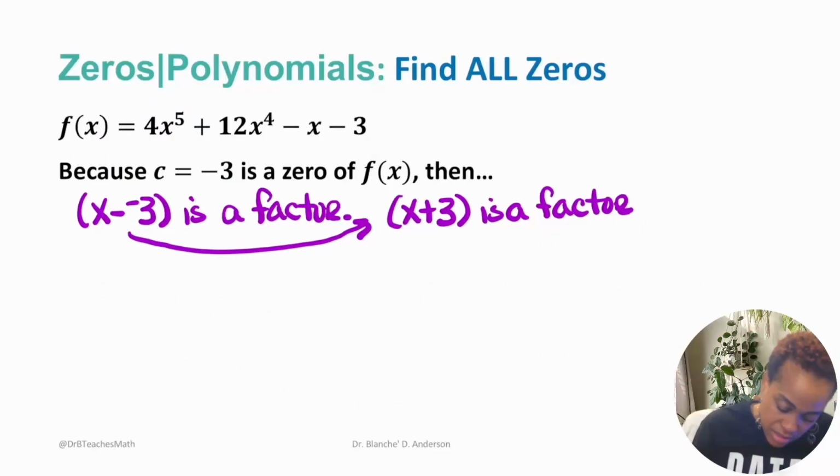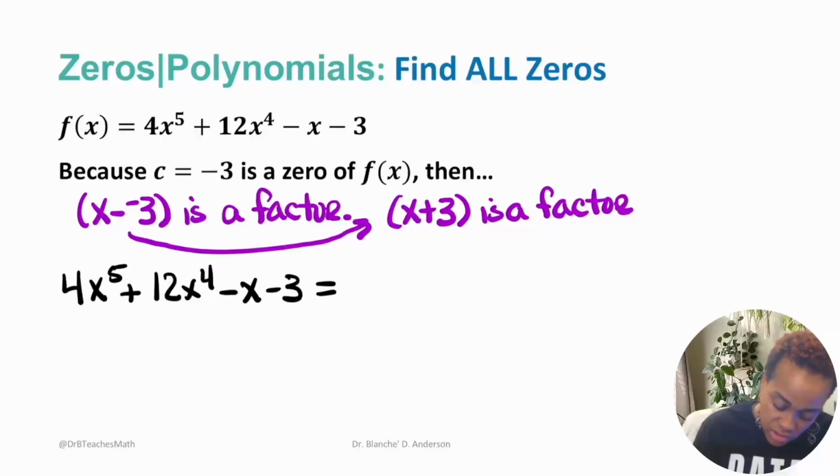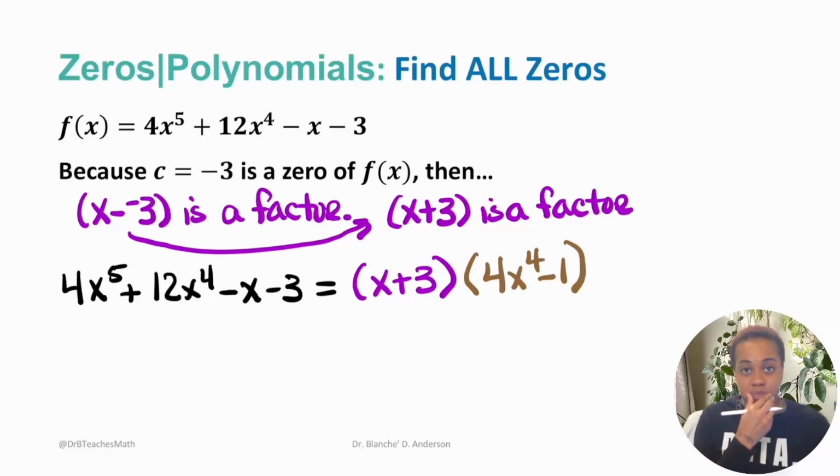So that means we can take 4x to the 5th plus 12x to the 4th minus x minus 3, and when we factor it, it can be factored into x plus 3 times 4x to the 4th minus 1. Y'all see that?